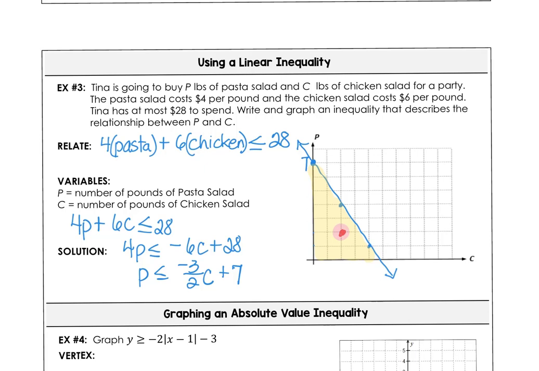Tina spends exactly $28 for the chicken and the pasta on the line, and she would spend less than $28 for any combination below. So the line itself is spending exactly $28.